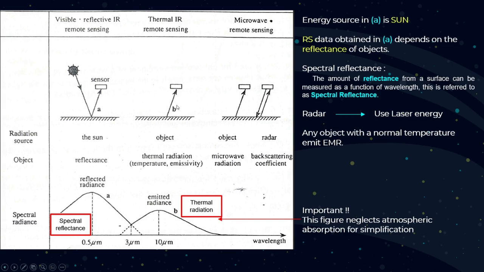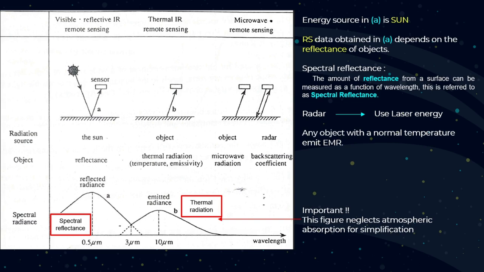Because any object with a normal temperature will emit electromagnetic radiation with a peak of about 10 microns, as illustrated in this lower figure. One can compare the differences of spectral radiance between the sun, which is represented by A, and an object with the normal earth temperature, which is about 300 Kelvin, as shown in the figure.